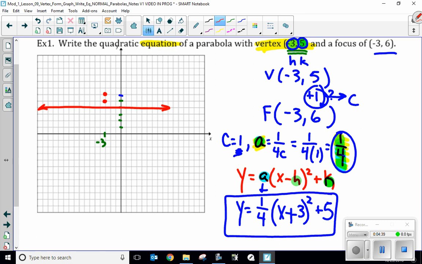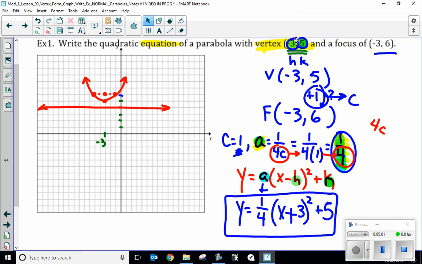All I need to know is that 4C is my focal width. 4C is 4. The width of my parabola is 4 at the focus. So I go 2 to the right and 2 to the left. And my parabola would actually look like that. Didn't need to graph it, but it's always good to practice.